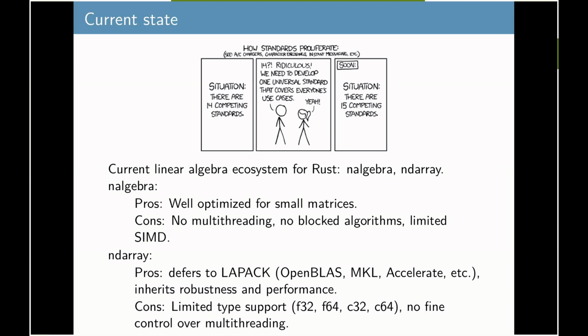It suffers a bit when scaling to large matrices because it doesn't explicitly use multi-threading. So the whole library is single-threaded. There's no blocked algorithms, so the algorithms operate on the matrix column by column or row by row rather than in chunks, which is something that can be used to significantly improve the performance.